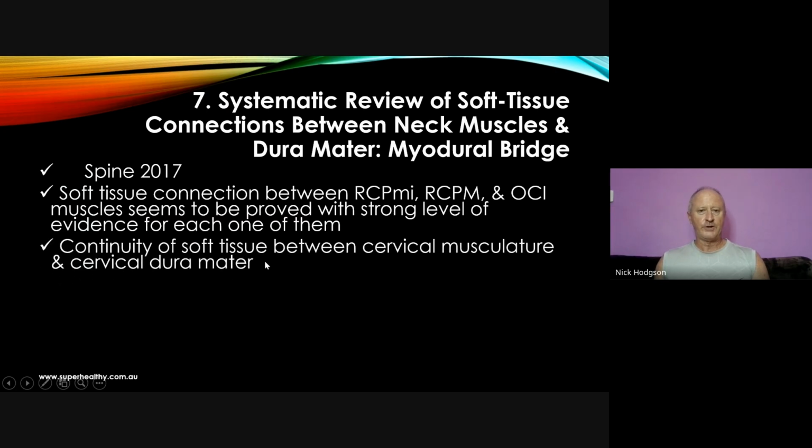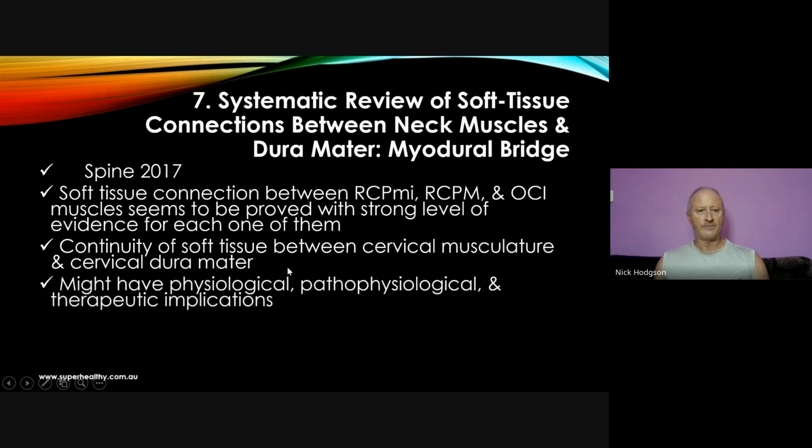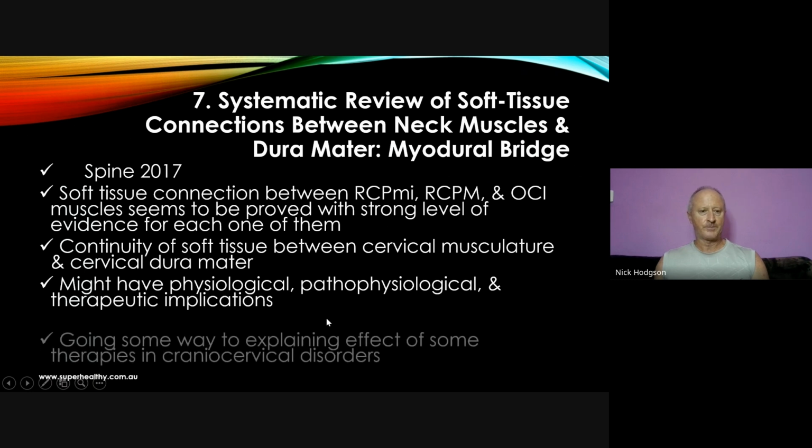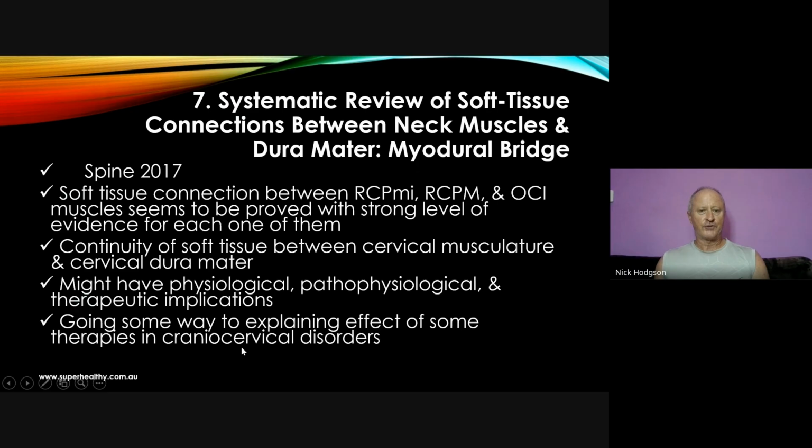So this continuity of the soft tissue between cervical musculature and cervical dura mater is very well evidenced. Might have physiological, pathophysiological, and therapeutic implications. So it can go some way to explain the effect of some therapies in craniocervical disorders.